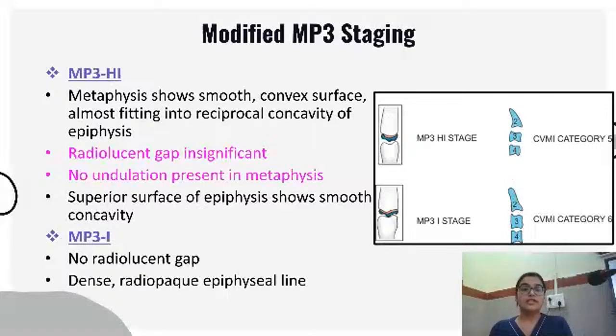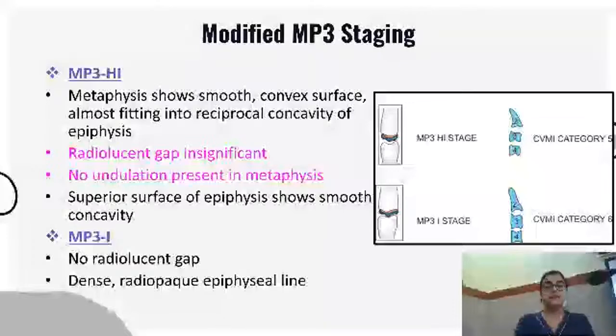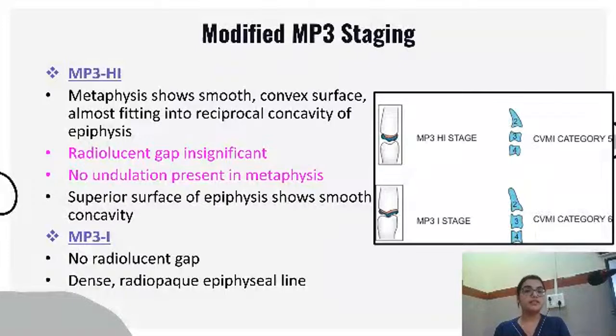Coming to MP3HI stage, the metaphysis shows a smooth convex surface, almost fitting the reciprocal concavity of the epiphysis. The radiolucent gap is insignificant, there is no undulation in the metaphysis, and the superior surface of the epiphysis shows smooth concavity. And now the last one, MP3I stage. There is no radiolucent gap seen, and a dense radiopaque epiphyseal line can be seen in this stage.